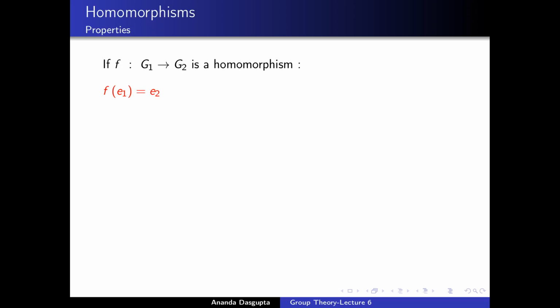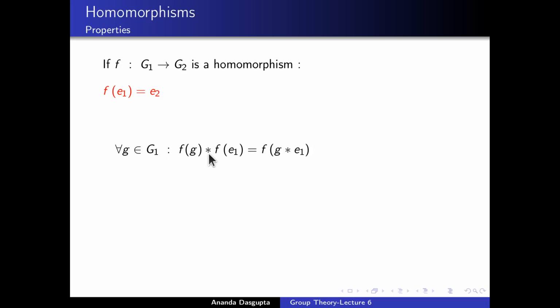That sort of sounds obvious, but the formal proof of this goes this way. For all small g which belongs to capital G1, let us try to form f of g times f of e1. Now, notice that I have sort of moved away from the very precise and specific way of writing things that I used a while ago.